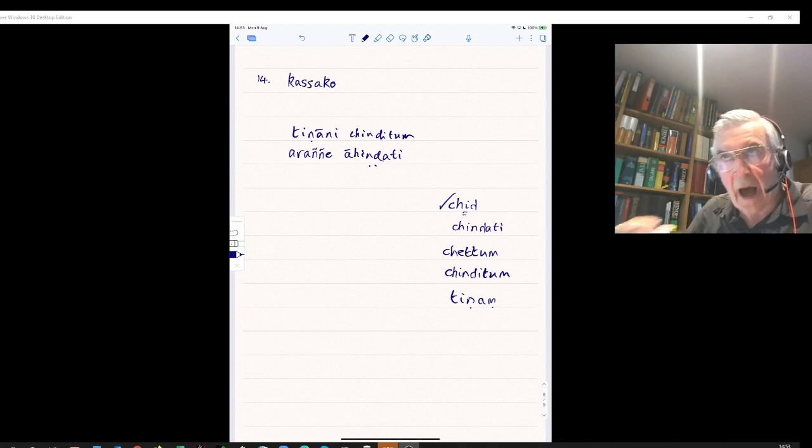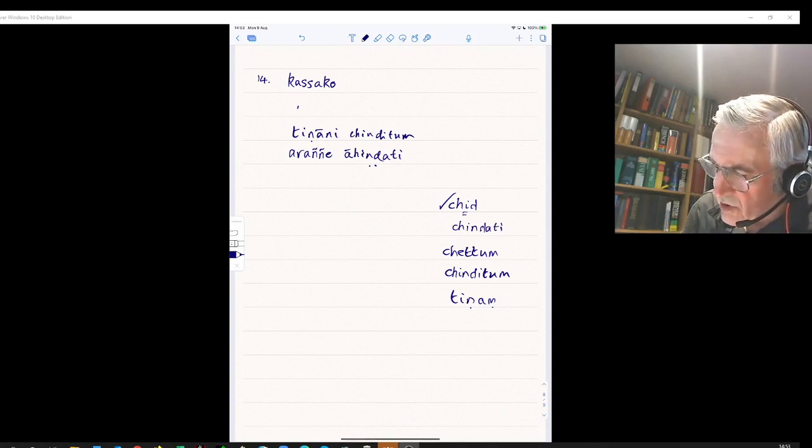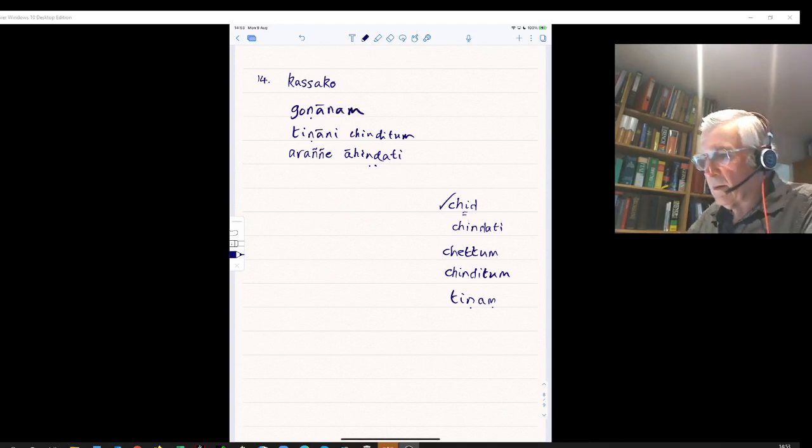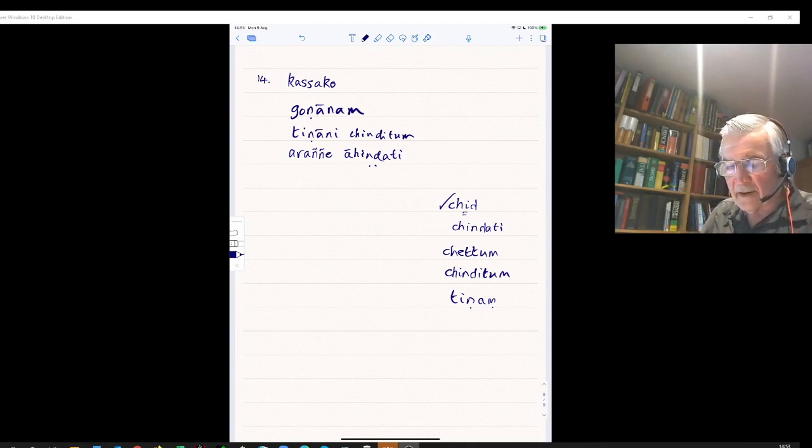Of course, it's gonanam. Kasako gonanam tinani chinditum aranye ahindati. So I'll read that sentence in full now. Kasako gonanam tinani chinditum aranye ahindati.